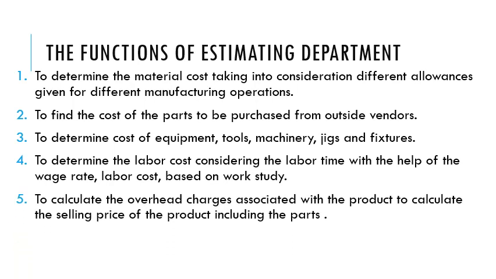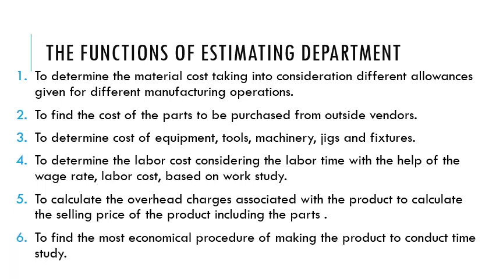To calculate the overhead charges while calculating the selling price of a product, and finally to find the most economical procedure of making a product in terms of time study, so that the total time involved to manufacture a particular product will be kept at minimum, and the time to market will be shortened as much as possible.